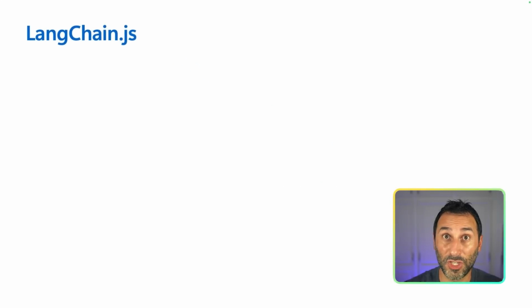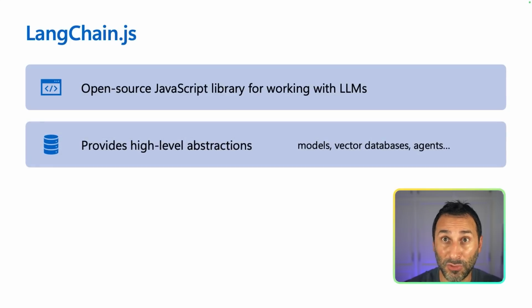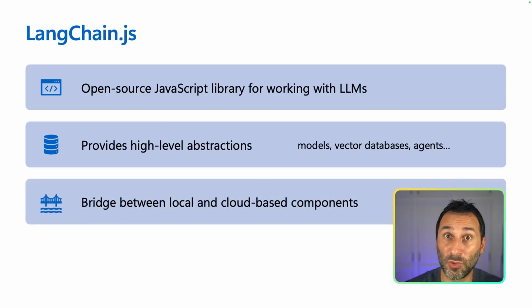So what's LangChain.js? LangChain.js is an open source JavaScript library for working with LLMs. It provides high-level abstraction for all the components you might need when creating your AI application. And thanks to the compatibility layer, it makes it easy to swap components like models or vector databases, allowing you to quickly switch from local to cloud resources.